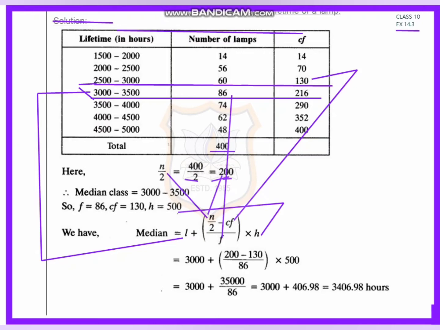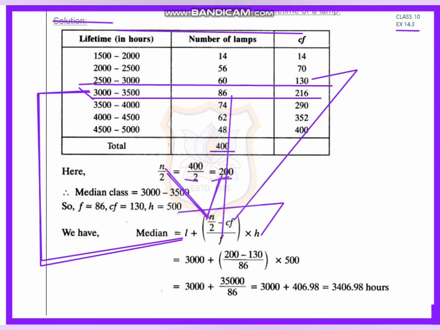Now first of all I have to find L. I have selected this median class, and the first lower limit of the median class is L, which is 3000. The value of n by 2 is 200.